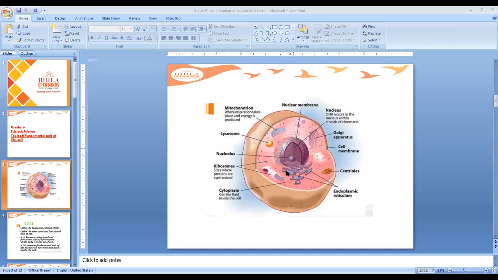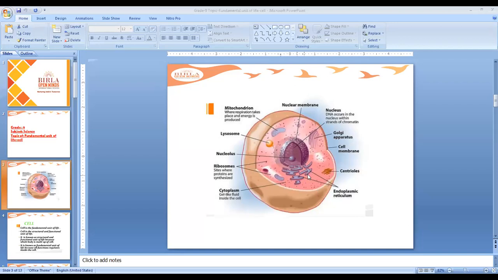You can see it on the screen. What is this? You can see the name here. What is this organelle? It is the nucleus. So the endoplasmic reticulum is attached to the nucleus.